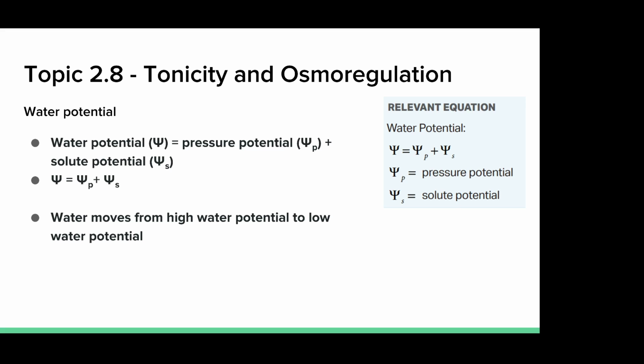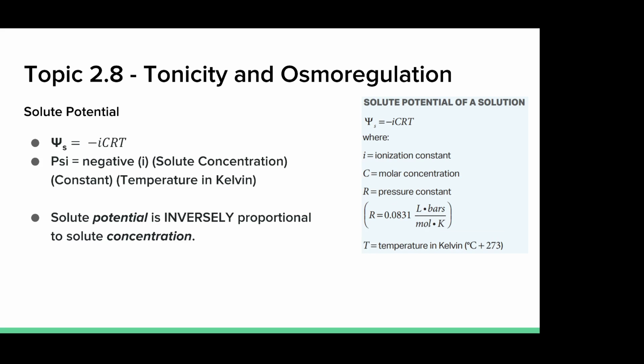Straightforward. Pressure potential measures the difference in pressure, and the solute potential measures the difference, or the gradient, in solute. So both of them refer to forces that will push molecules of water in one direction. Solute potential, everyone knows it in AP Biology because we've been doing it for years.